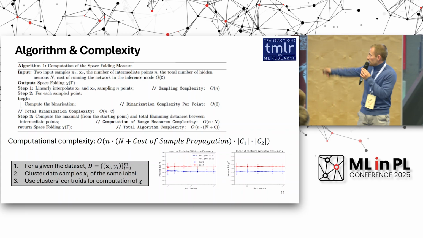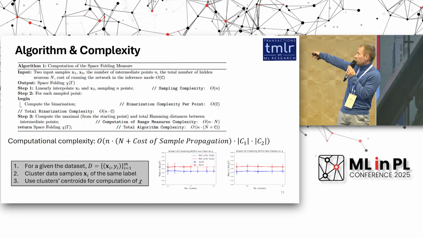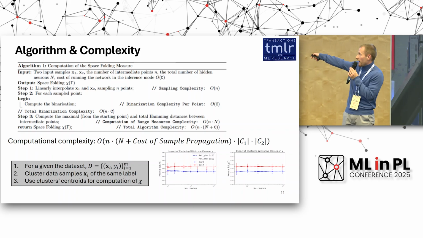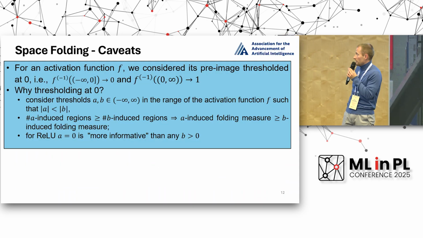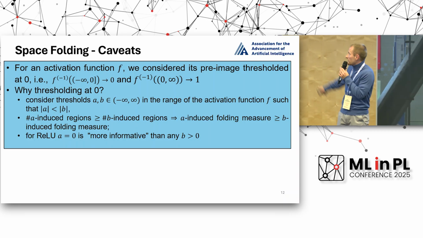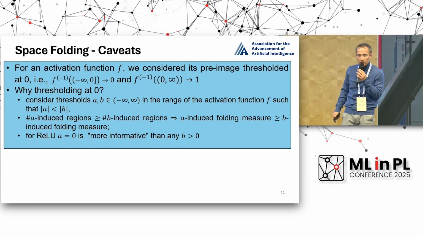To see that, let's consider two different thresholds, A and B, in the range of the activation function, which doesn't have to be ReLU, such that the absolute value of A is smaller than the absolute value of B. If this is the case, then the tessellation, the number of linear regions induced when using A as a threshold, is greater or equal to the number of linear regions induced when using B as a threshold, which then implies that the folding measure of the A tessellation is greater or equal to the folding measure when using B as a threshold.